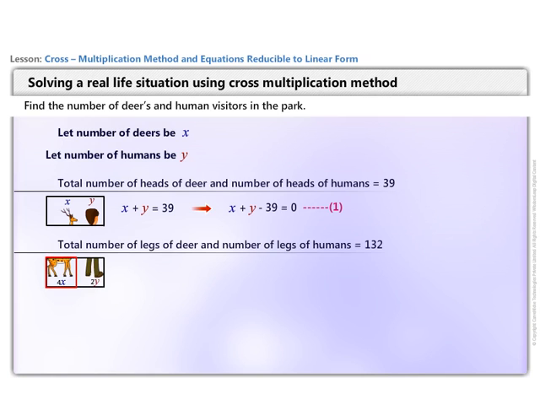Since a deer has 4 legs and humans have 2 legs, it can be expressed algebraically as 4x plus 2y is equal to 132. That is, 4x plus 2y minus 132 is equal to 0. Dividing the entire equation by 2, we get 2x plus y minus 66 is equal to 0. Let us consider this as equation 2.